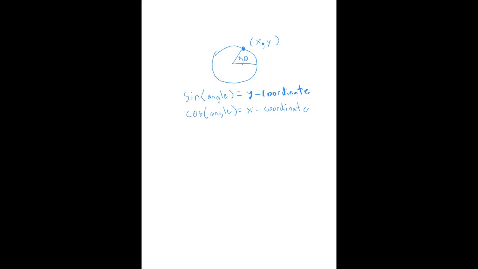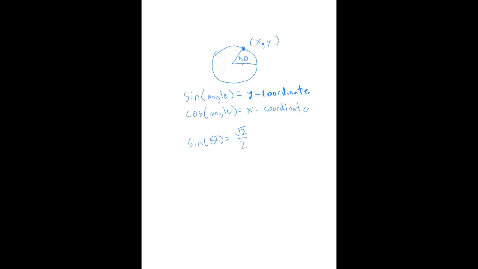And we remember these conversations about domain and range. We can plug in any number. Any number can be some angle, and we will only get an output in the range from -1 to 1. Well, let's say that I knew that sine of theta was equal to something like the square root of 2 over 2.